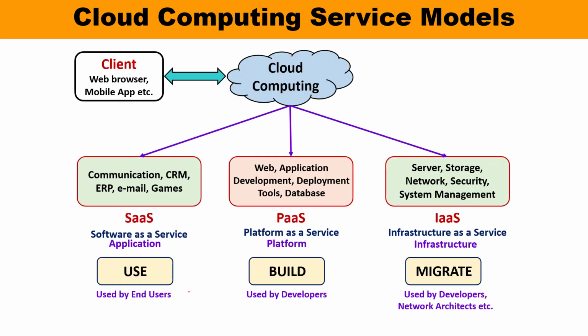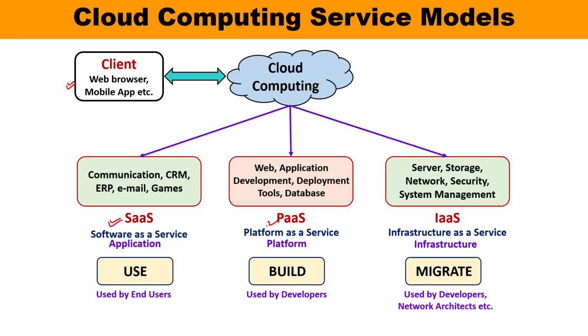You can see in this diagram, there is a client. The client can interact with the cloud with the help of web browsers and mobile applications, so the client is directly communicating with the cloud. Cloud computing service models are of three types. First is software as a service, where software can be used as a service, and multiple users and organizations can use that particular software, meaning the application.